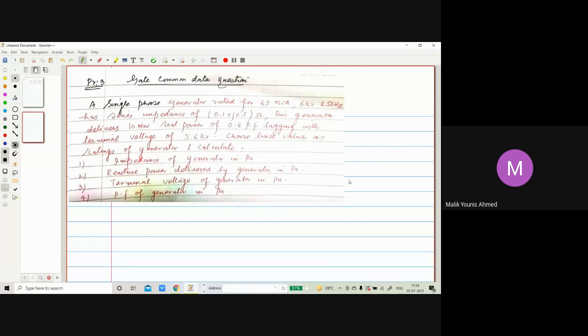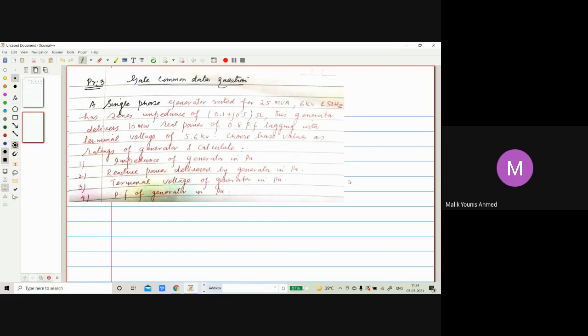I don't exactly remember, and I have not written the date here. It's a single phase generator, a common data question, I think a 2 or 3 marks numerical. The single phase generator is rated 25 MVA, 6 kV and 50 hertz. It has a series impedance where resistance and reactance are given.